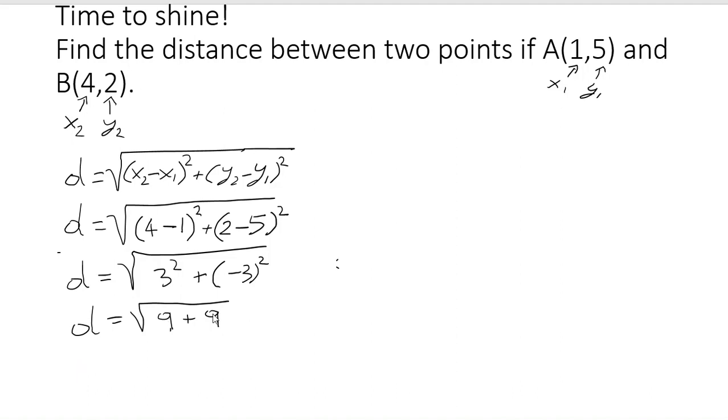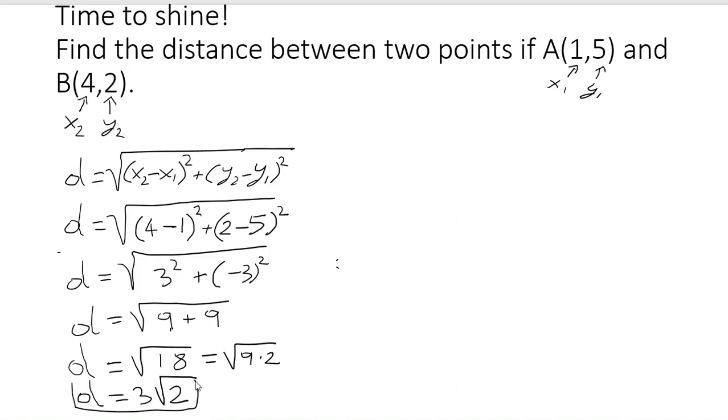So we get that D, or distance, is equal to square root of 18, which is equal to square root of 9 times 2. Therefore, distance is equal to 3, because square root of 9 is 3, times square root of 2. So in this case, that would be our final solution. So the distance between those 2 points is 3 times square root of 2.